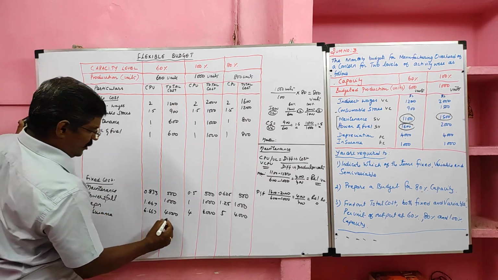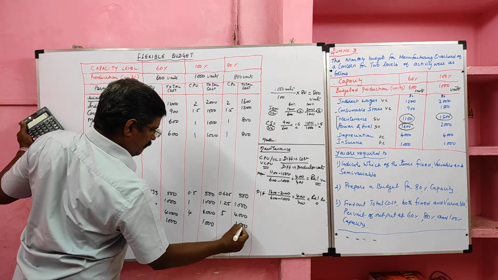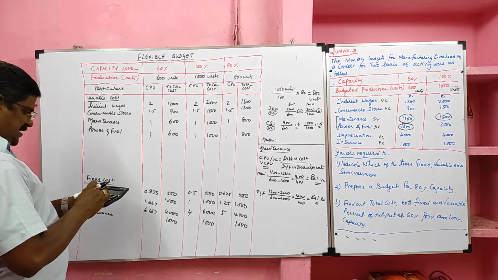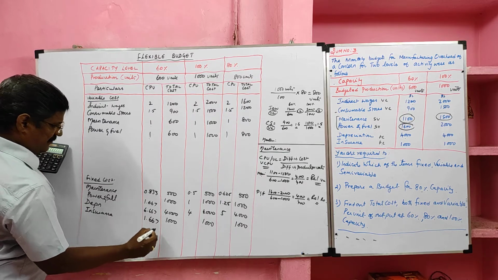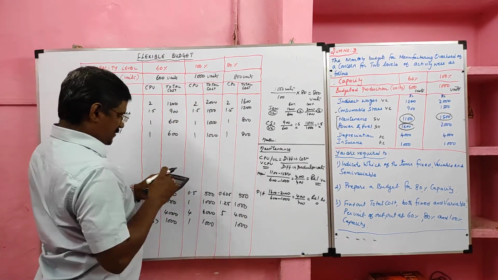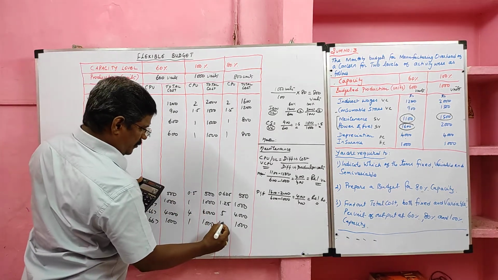Insurance value 1000. 1000 divided by 600, we are getting 1.667. 1000 divided by 1000 unit, we are getting 1 rupee. 1000 divided by 800, we are getting 1.25.